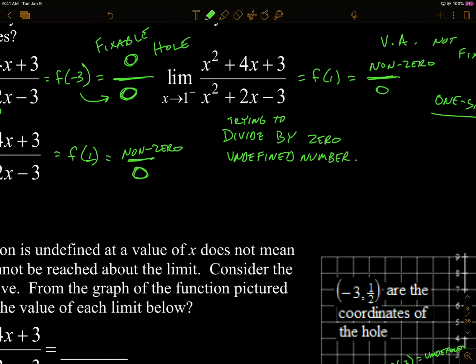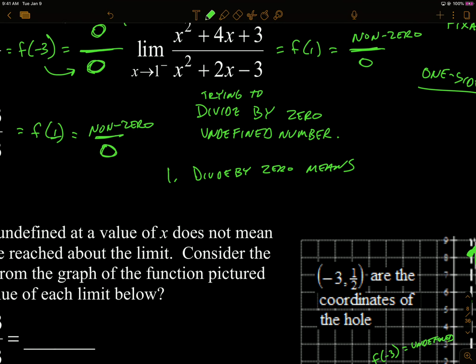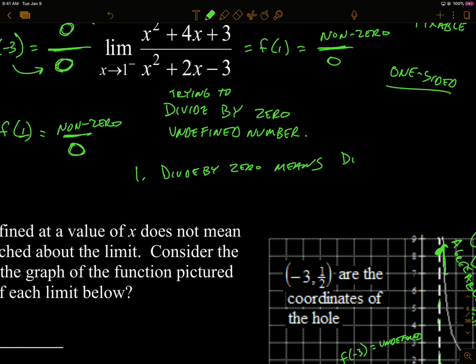There are 2 things here. I don't want to say 0 on the bottom. I want to say divide by 0. Divide by 0 means that there is a discontinuity, and that also means that our direct substitution fails.